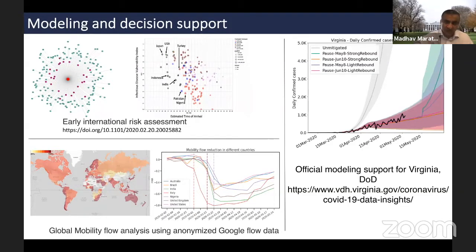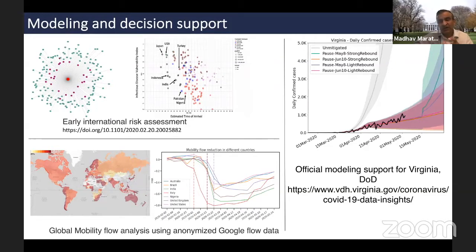At the bottom left, we have a paper with Google using flow data that we got from Google. This is flow data that Google collects. It's anonymized aggregate data based on digital devices and tells you what flows exist between any two patches in the world, and these patches are roughly 2 square kilometers big.